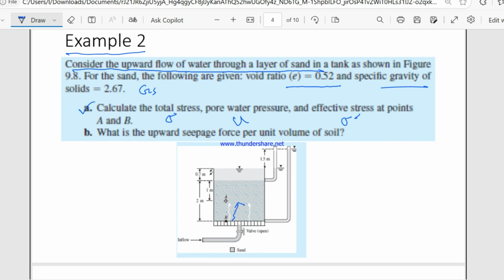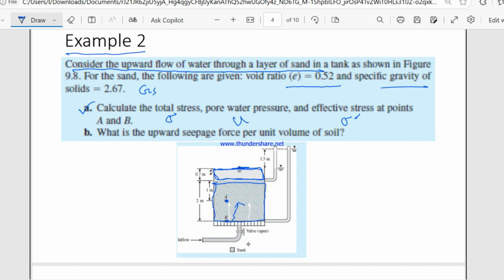So this is point A, this is point B, and this is the groundwater level. Basically there are two layers. This is layer one, and this is layer two.